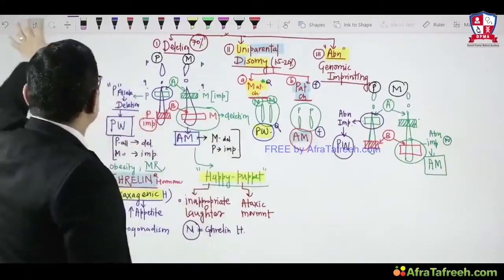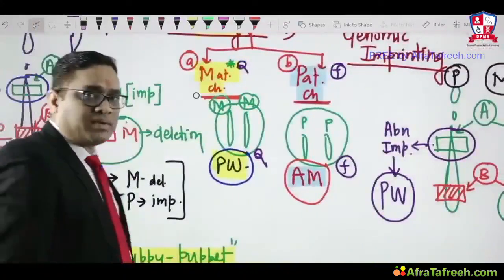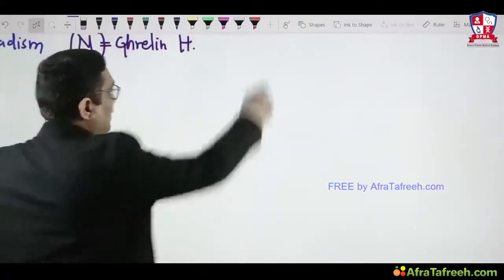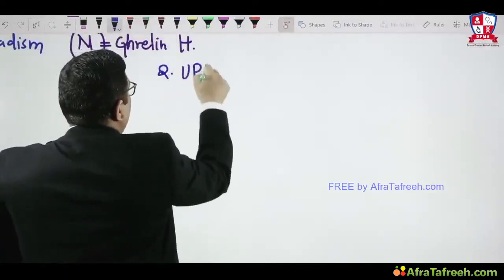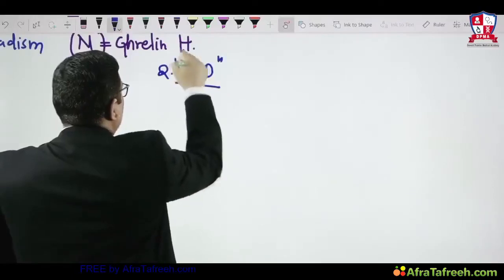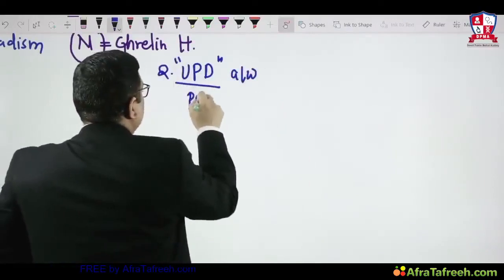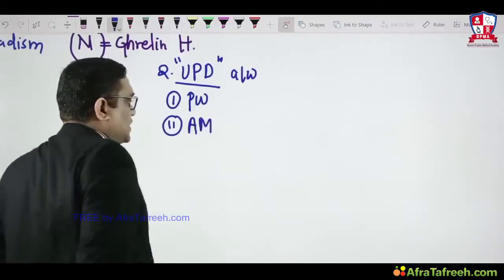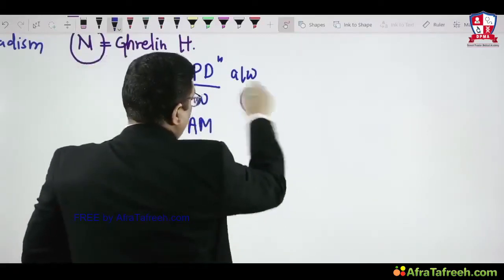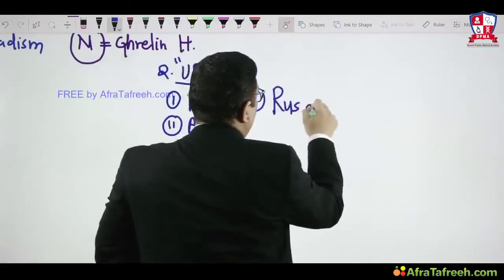Now here I want to discuss a little bit of uniparental disomy, where the examiner asked a question in the AIIMS exam 3 times. Uniparental disomy is associated with, that was the question in the AIIMS exam. Two syndromes we have seen, Prader-Willi and Angelman. There is a third syndrome we have to keep in mind, that is Russell-Silver syndrome.